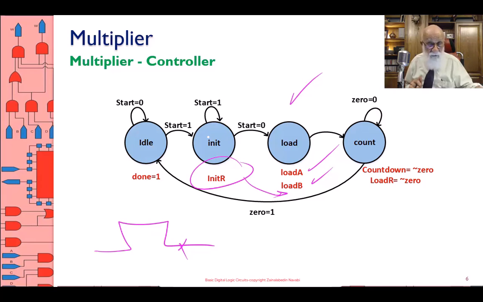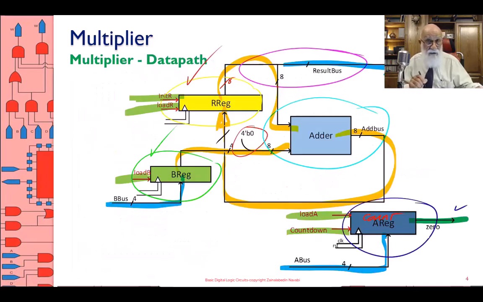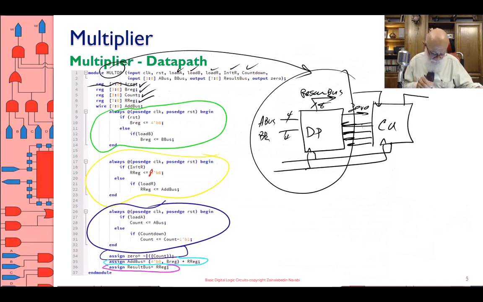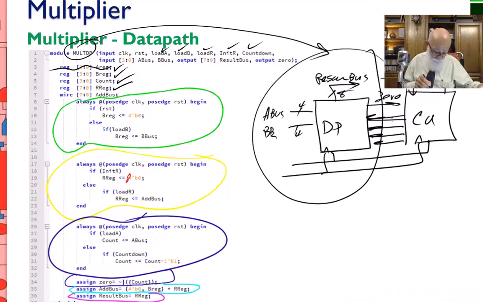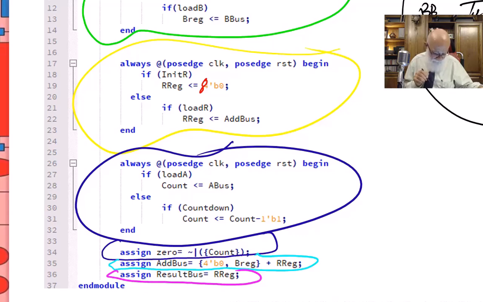And then you go into the count state. The count state waits for the 0 flag to come out of the counter, which is this thing over here, line 34.